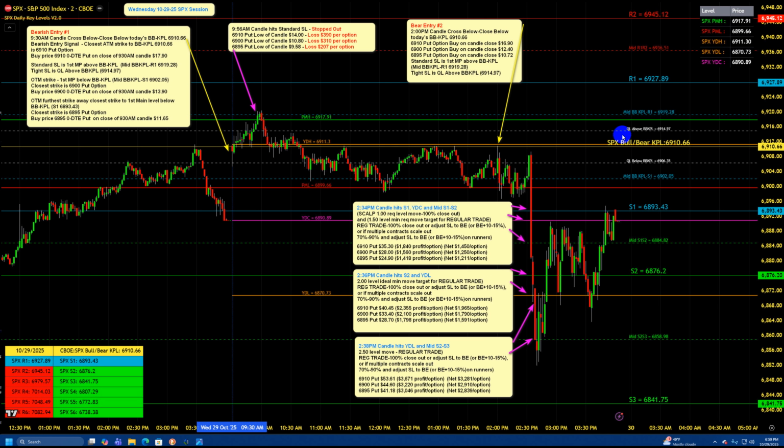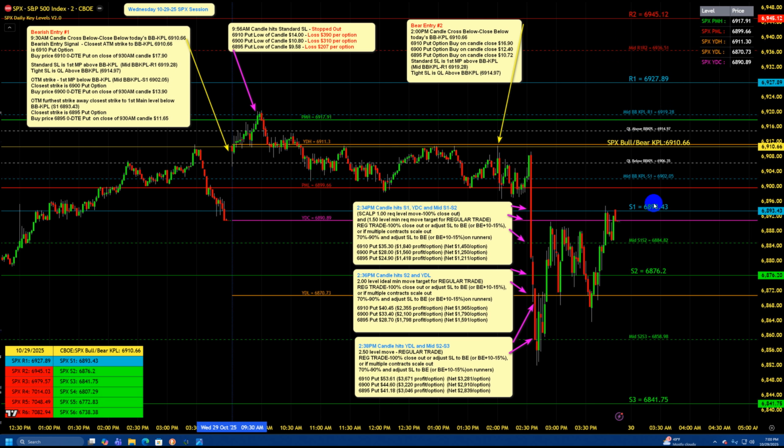The main R levels above, R1 through R6, are your take profit levels for bullish trades where you have a bullish entry signal that's generated from the bull bear key price level. The R levels above and the midpoint levels after a certain point has been reached or exceeded are your take profit levels for bullish trades initiated from the bull bear key price level.